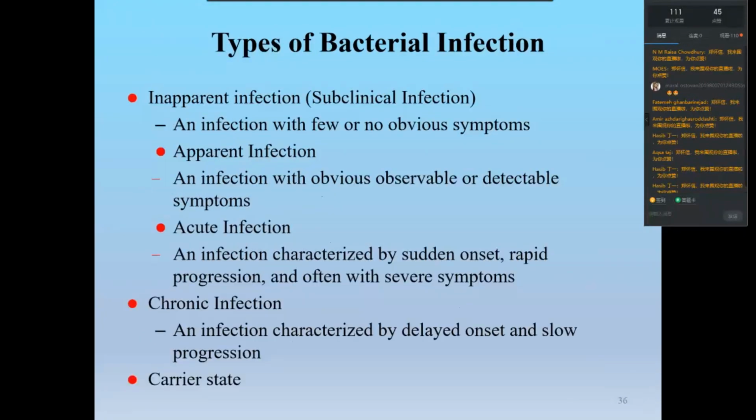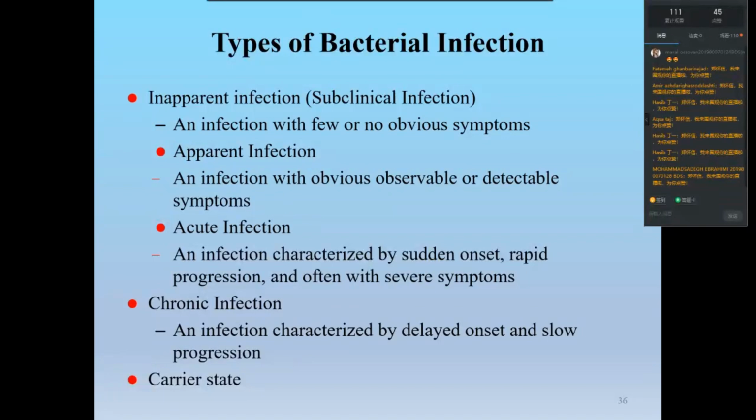Different types of bacterial infection include, we talk about the virulence, we talk about the pathogenicity, whether they can cause disease or not. And we also talk about their virulence. That's the degree of pathogenicity, how much disease they can cause, what level of disease they can cause. Is it mild or is it severe? Is it critical?